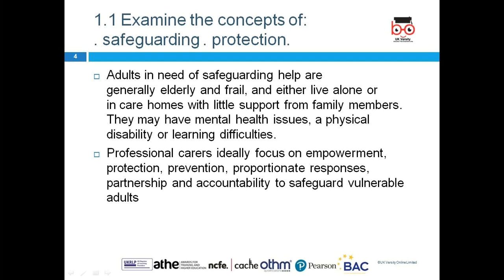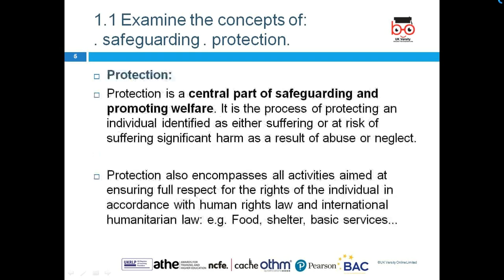You might have partnerships, like we did in the partnership unit, working together to safeguard people and to help them. And then you'll also have an accountability to safeguard these vulnerable adults. When you're working with anyone, even after a couple of weeks, you'll understand what changes they have. You'll be able to recognize a lot of things about them. So it really goes towards you helping them.